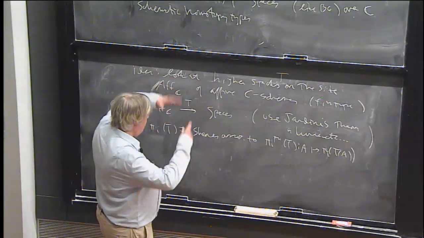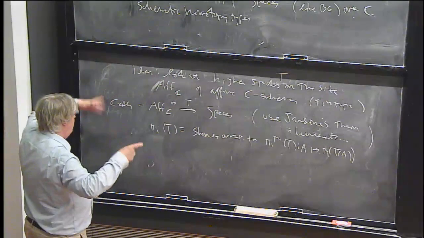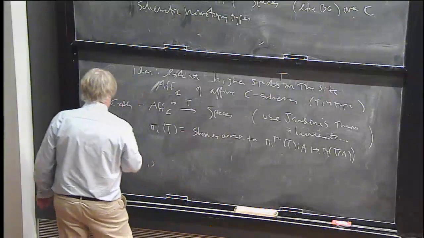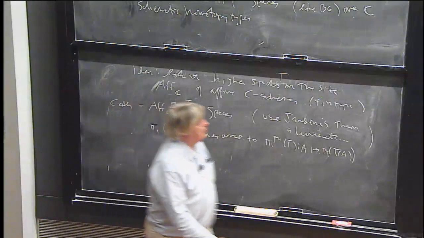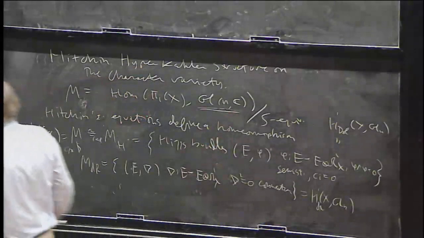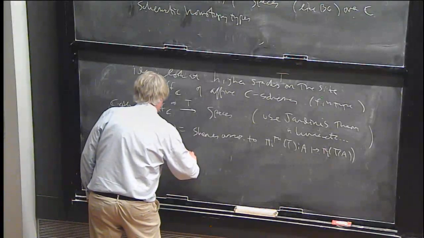You can take the homotopy groups, you have to have a base point and so on, take the homotopy groups of the presheaf and then sheafify them. Those are the pi i's. Then you want to make some kind of requirement, right? So if you go back, this is kind of our guide, right? So here, this is a reductive group scheme, or at least a linear algebraic group. So we might want to ask that pi 1 be a linear algebraic group.